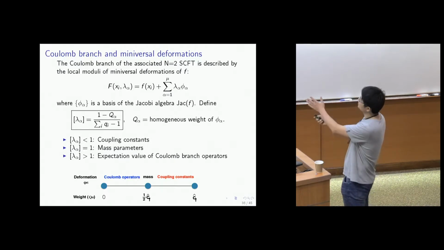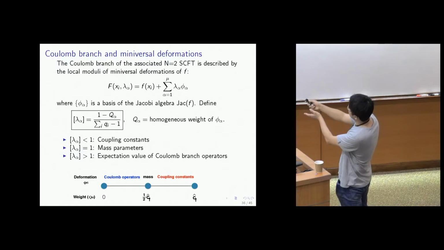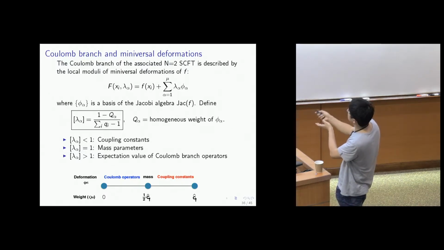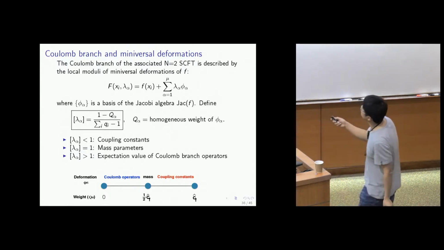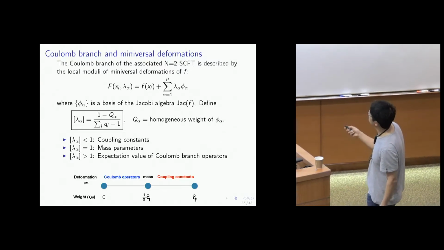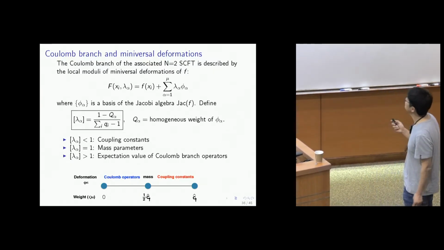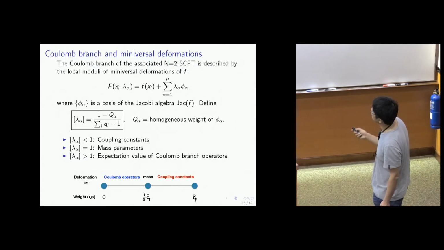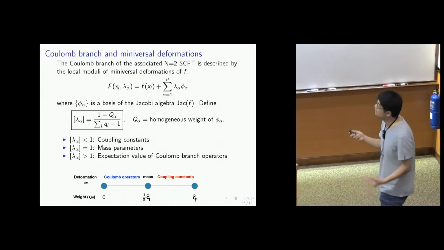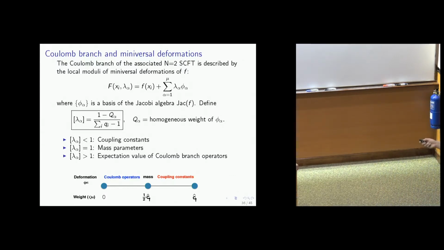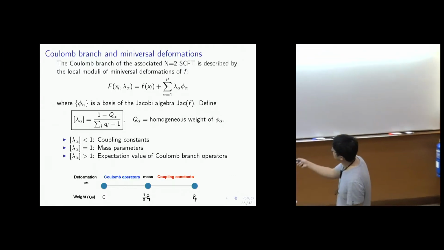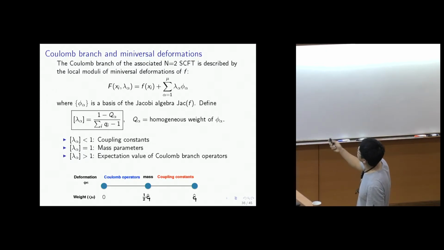Roughly speaking, this weight subdivides these deformations into a bunch of data. For example, the weight less than 1 represents the coupling constant part, and also the mass part in the middle, and the Coulomb branch operators. There's a perfect match between these two, and that's expected. If you compute this homogeneous weight, it goes from 0 to the central charge, and in the middle is 1/2 of the central charge.